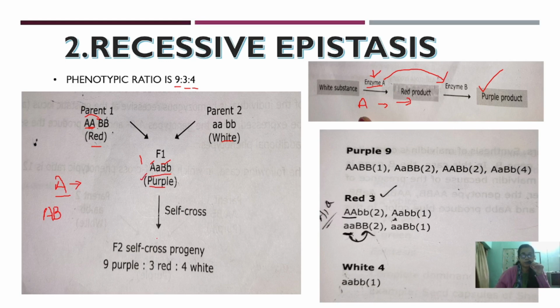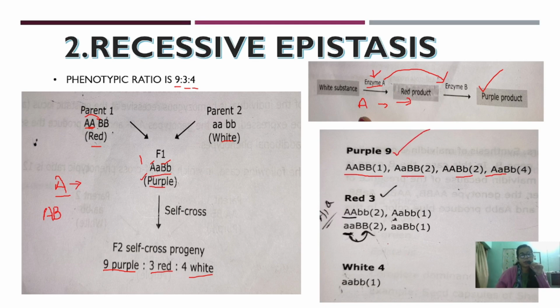When we self cross them, we will get the ratio 9 purple, 3 red and 4 white. Wherever both capital A and capital B are present, purple color flower will be formed, so we will get 9 purple.